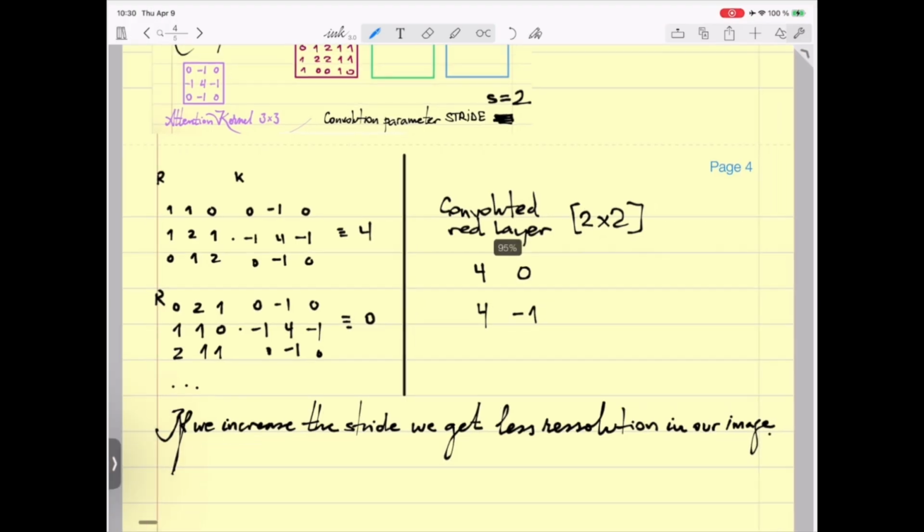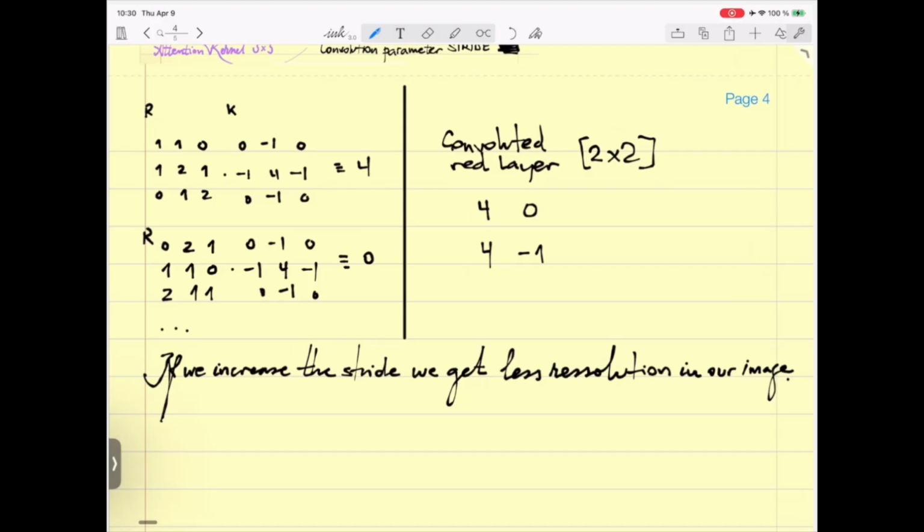The price we pay for being faster, we just have 4 computations here, is that we get less resolution. Okay? Are you cool with that?